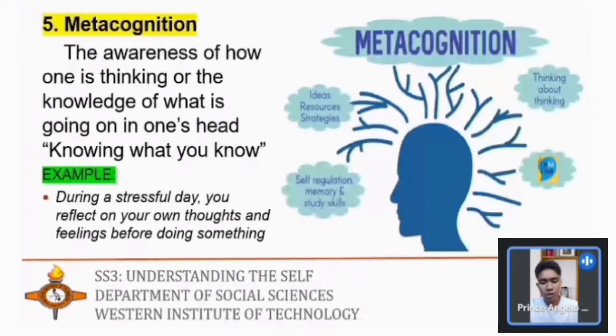Example, during a stressful day, you reflect on your own thoughts and feelings before doing something. So metacognition is thinking about thinking. It is an increasingly useful mechanism to enhance student learning, both for immediate outcomes and for helping students to understand their own learning process.